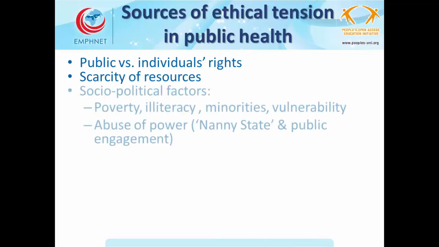There are also issues related to the socio-political factors, especially in our region. For example, the issues related to poverty, illiteracy, the issue of minorities, and other kinds of vulnerabilities. There's also the issue of abuse of power in terms of the nanny state, where the government is so powerful and it imposes its own regulations on all the people.